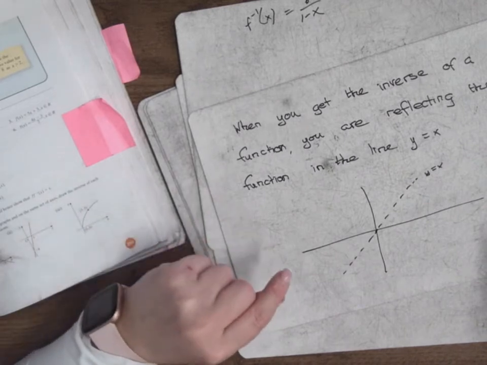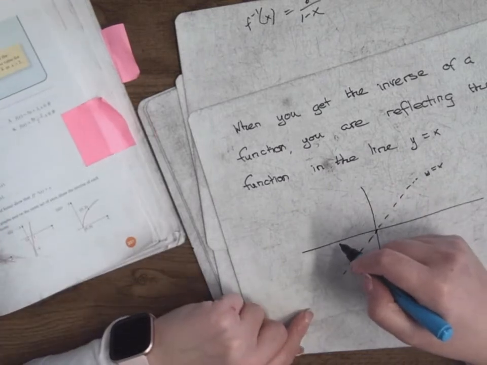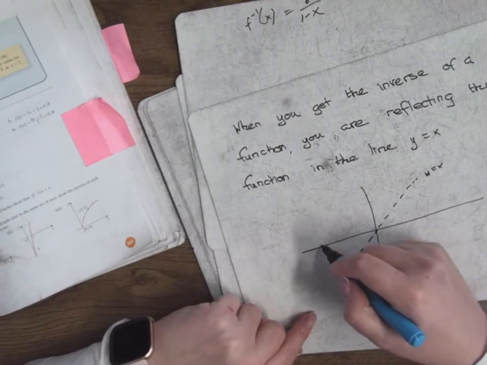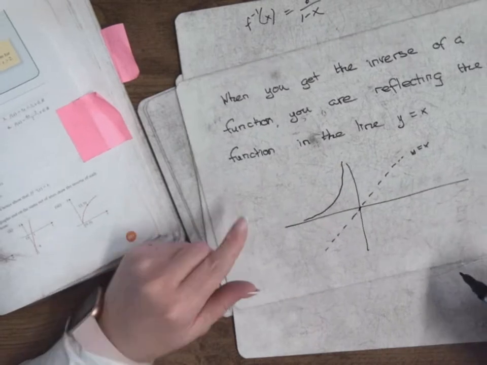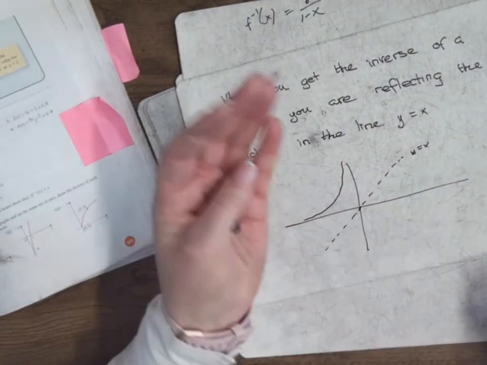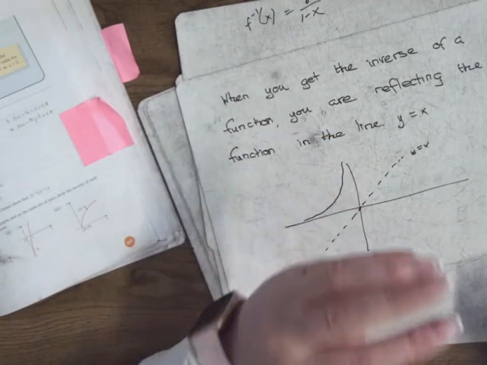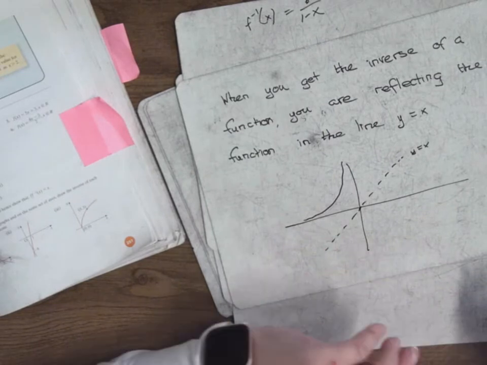So if you have the function over here, and it looks like that, when reflected in the line y equals x, do the whole butterfly thing, you know, when you were in primary school and you painted half the butterfly and folded over the page, and you got the other half of the butterfly?